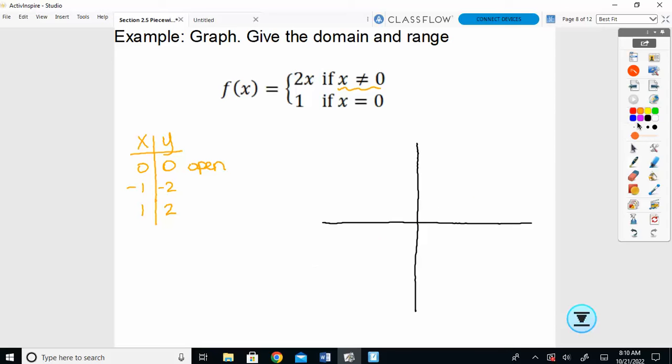So on my graph, I have an open circle at 0, 0, -1, -2, +1, +2. Which way does this extend? Both. It's everything except 0. All this is a line with one open circle in the middle.